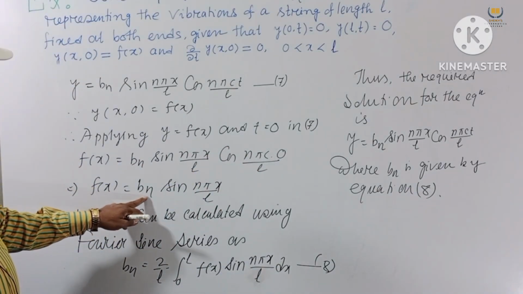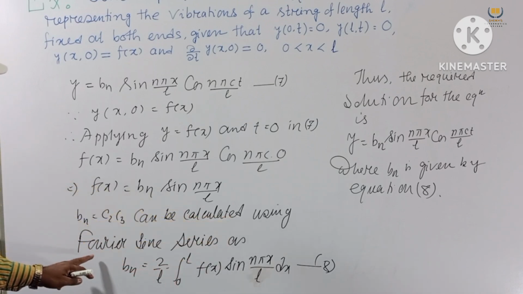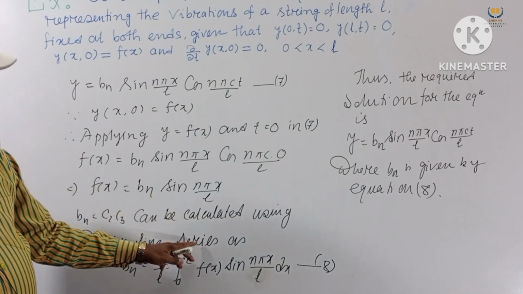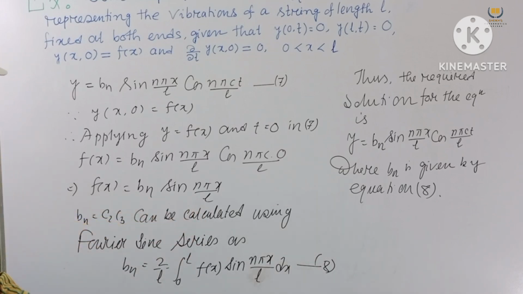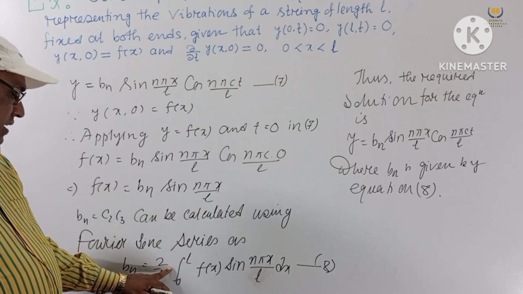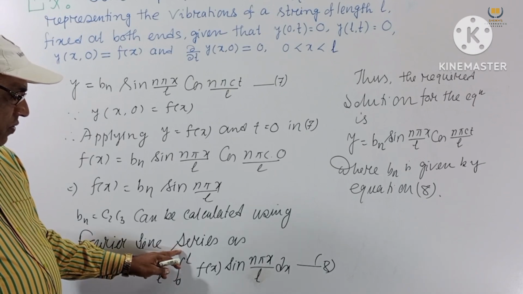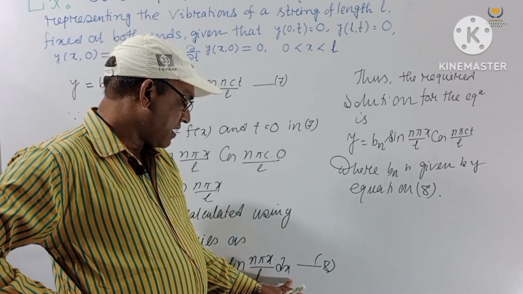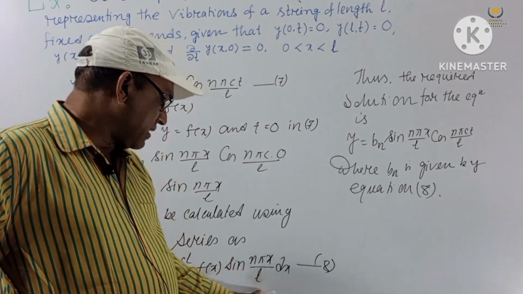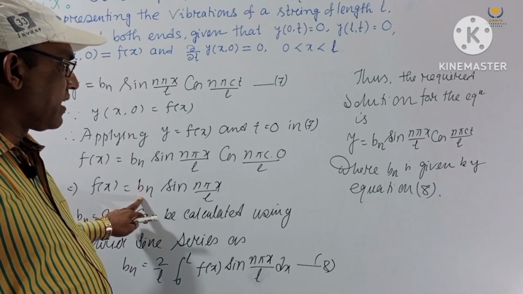And this bn, meaning C2 C3, can be calculated using Fourier sine series. The formula is bn equals 2/L integral from 0 to L of f(x) sin(nπx/L) dx. This is equation 8. By calculating this, we get a result.